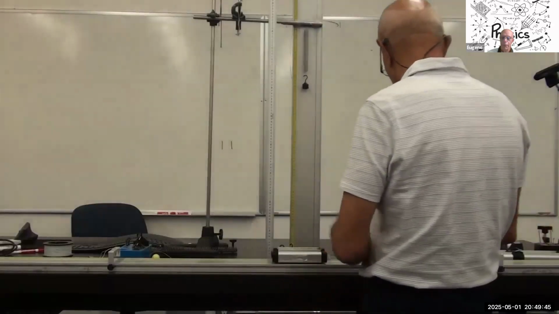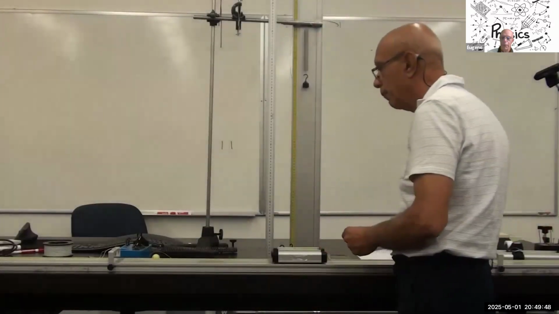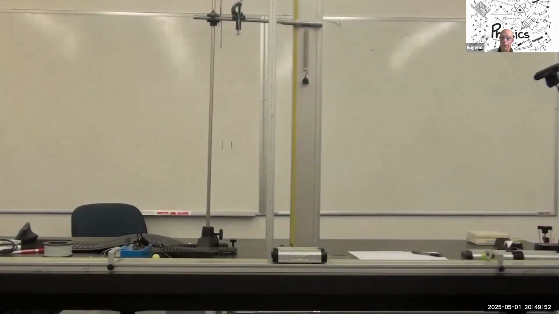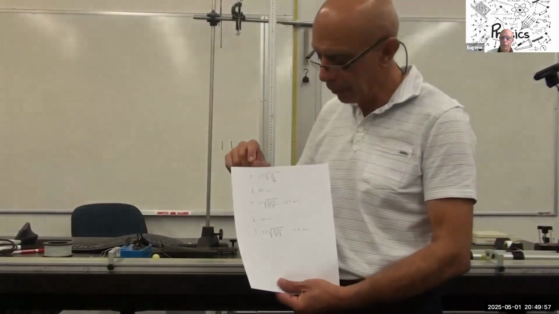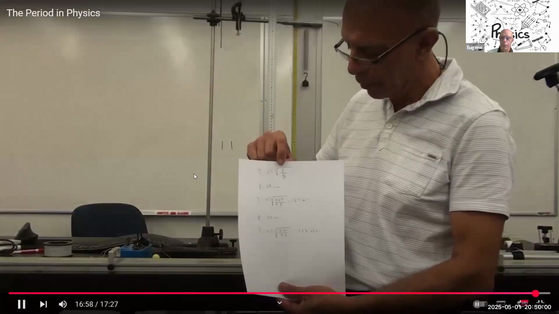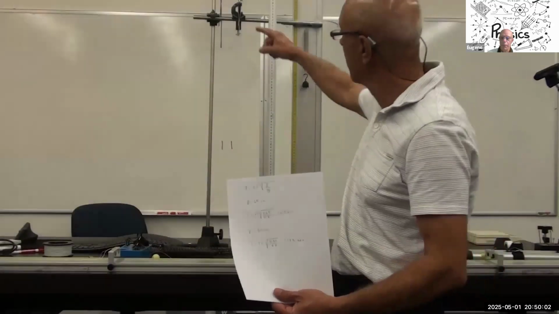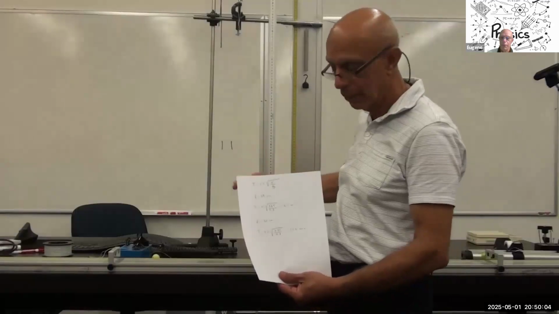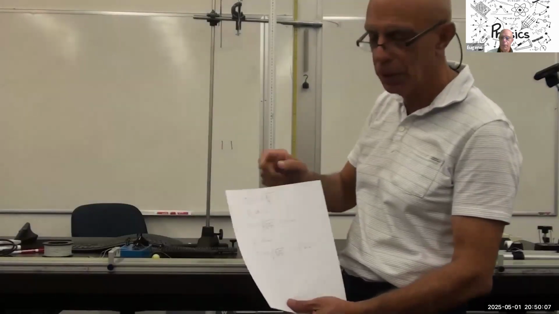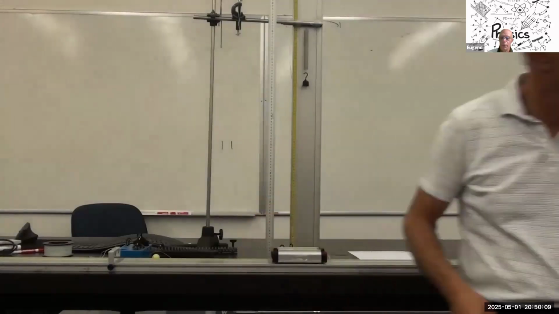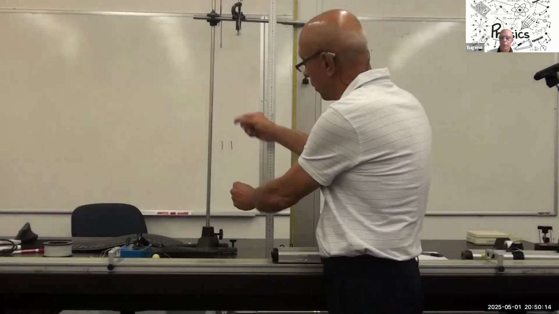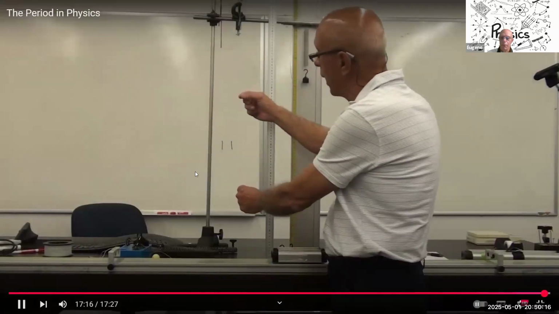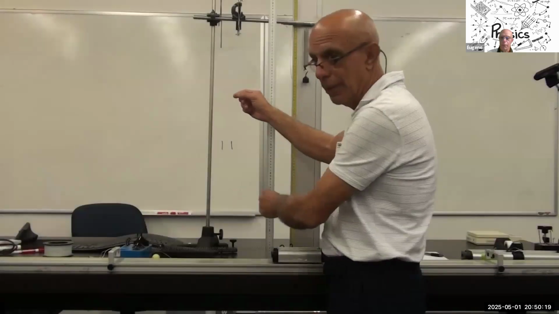Now, when we talk about the pendulum, the formula for the period of the pendulum is 2 pi square root of the length of the pendulum divided by g, the acceleration of gravity. So with the pendulum, we know when we measure that it is going to depend on the length.